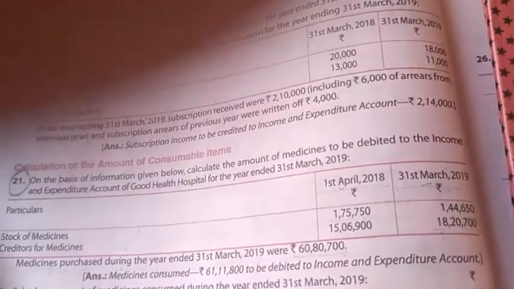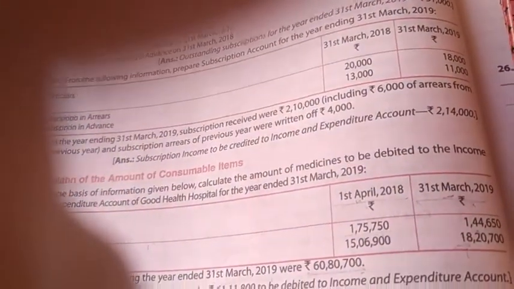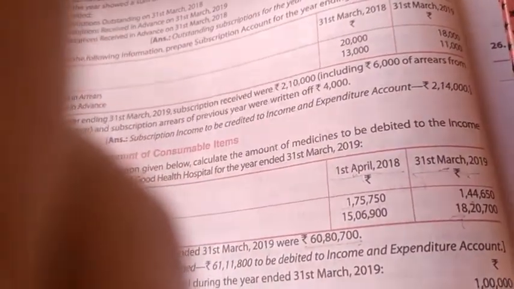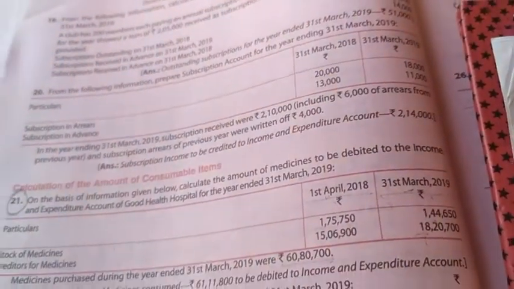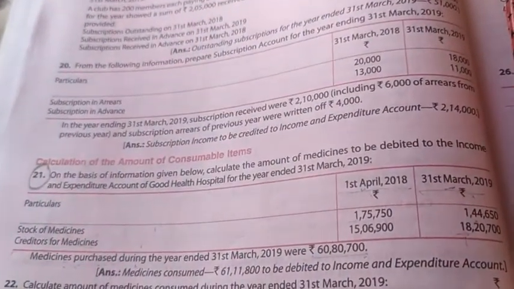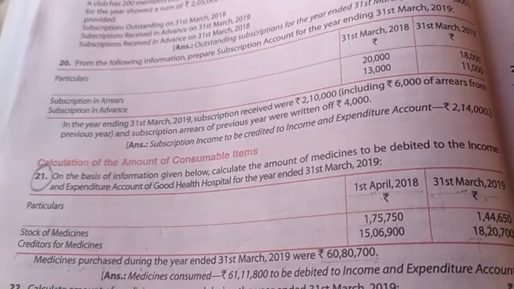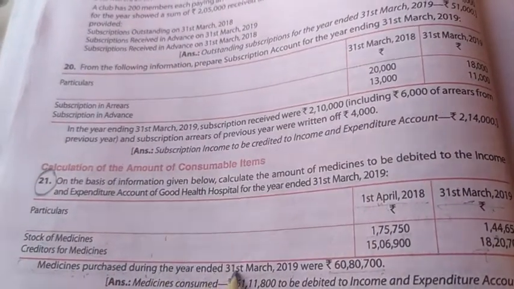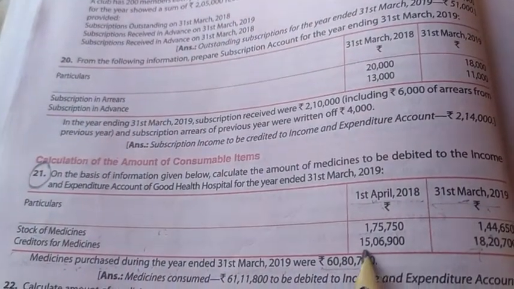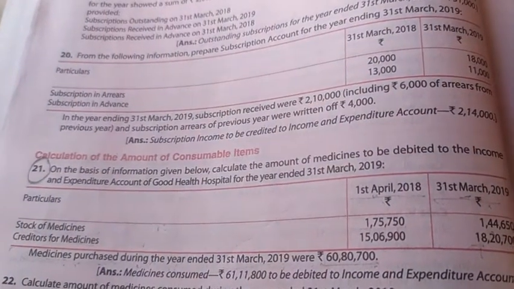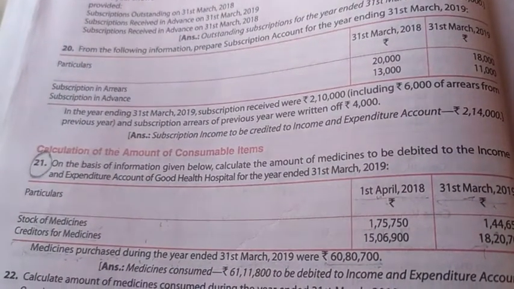So to find this, we will be starting with the medicines purchased during the year, and this is where you will start. Now there's information in the form of stock of medicine and creditors of medicine.